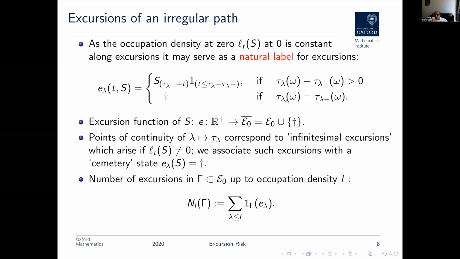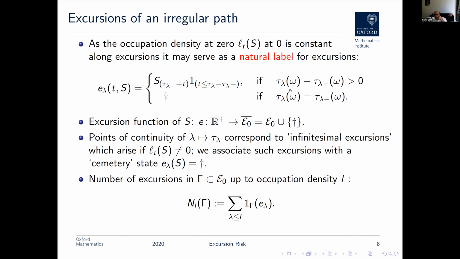So in this case, tau doesn't have a jump because you are increasing the occupation density. It's not flat, so tau is not discontinuous.